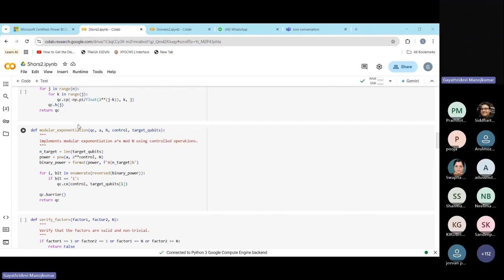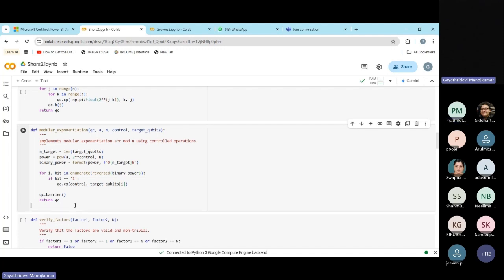The goal of this particular function is to build the unitary operator which maps the ket of x to the ket of a x mod n.